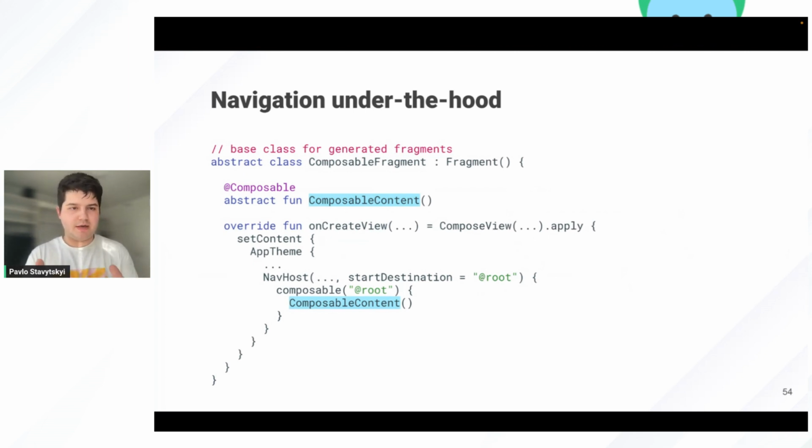So again, this is a base class for all generated classes. And the way it works is that if you're opening the screen, you just have a NavHost with a single destination, which just has this function. And if you need to navigate to another composable screen, so you don't have to perform a fragment transaction, we just add a new destination to the compose navigation library dynamically.